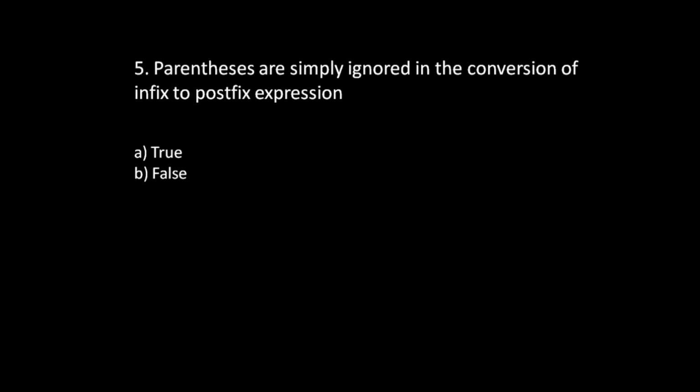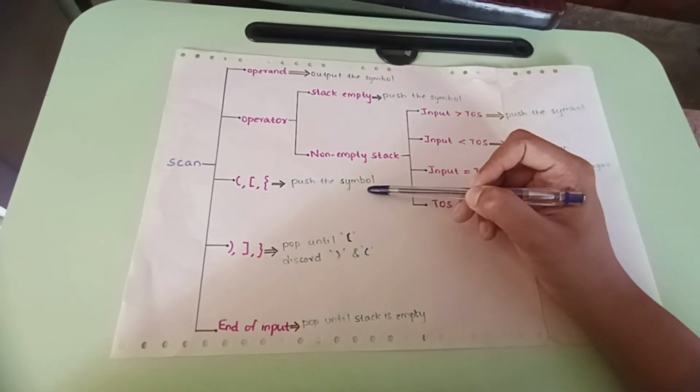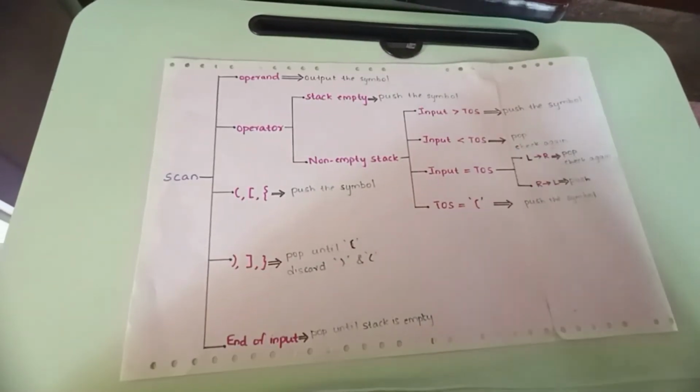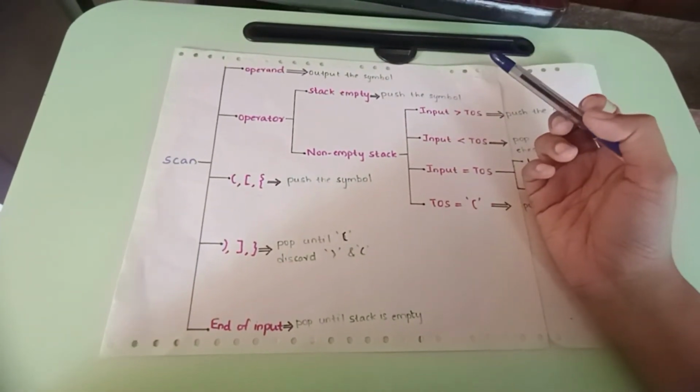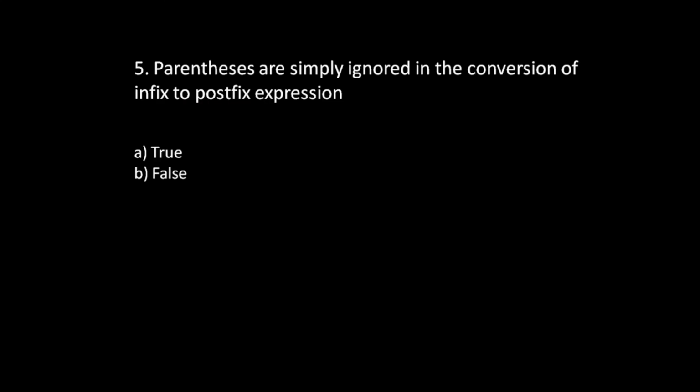Fifth question. Parentheses are simply ignored in the conversion of infix to postfix expression. So what happens to the parentheses that we are seeing in the infix expression? Let's check the chart. If it is an opening parenthesis, we will push the symbol, and if it is a closing parenthesis, we will pop until the opening parenthesis is seen. Now let's come back to the question. The statement says parentheses are simply ignored in the conversion of infix to postfix expression.